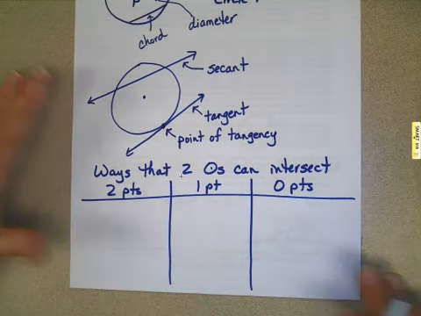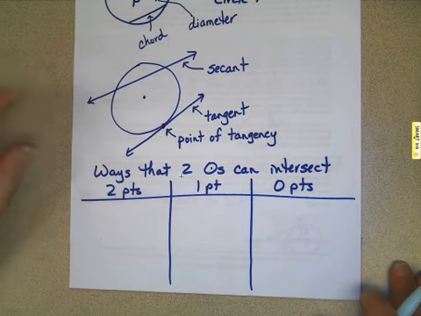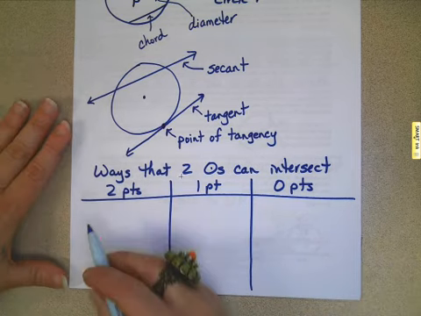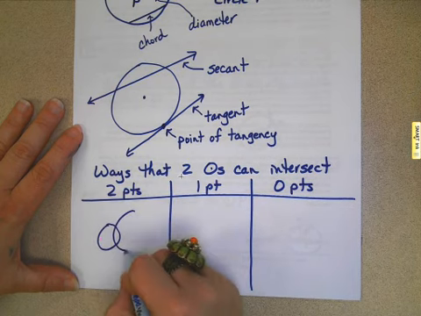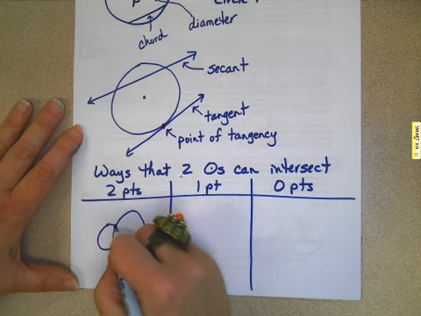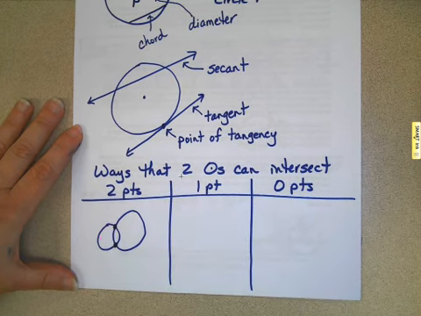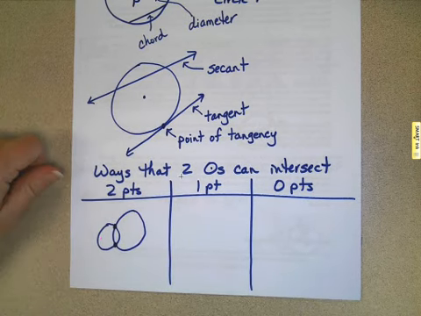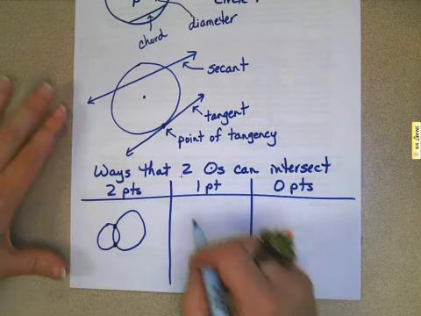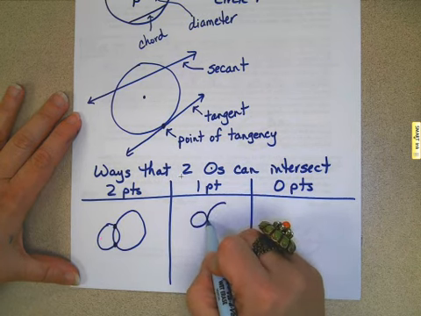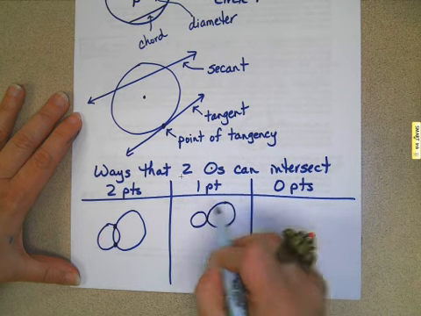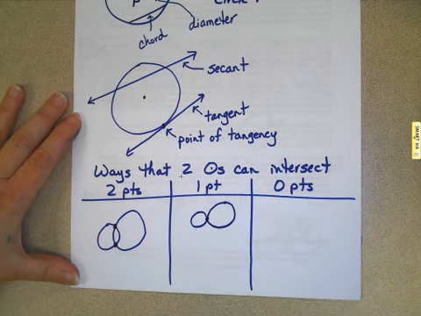When you consider 2 circles, there are 3 different ways that they can intersect. You can have 2 circles that intersect at 2 points, kind of like when we were making our Venn diagrams the other day. Or they can intersect at 1 point, which, surprisingly enough, when that happens, they're called tangent circles.